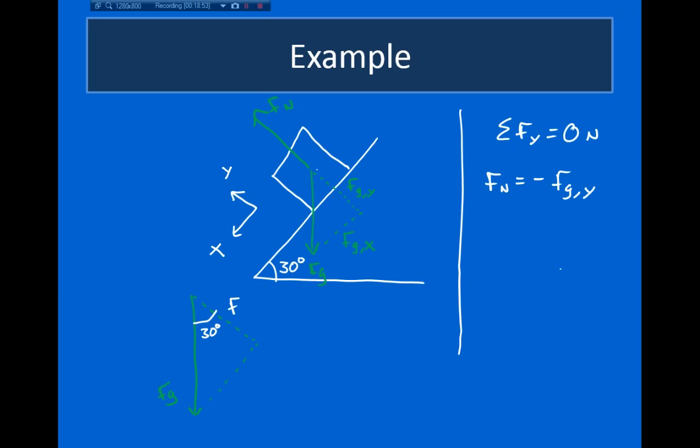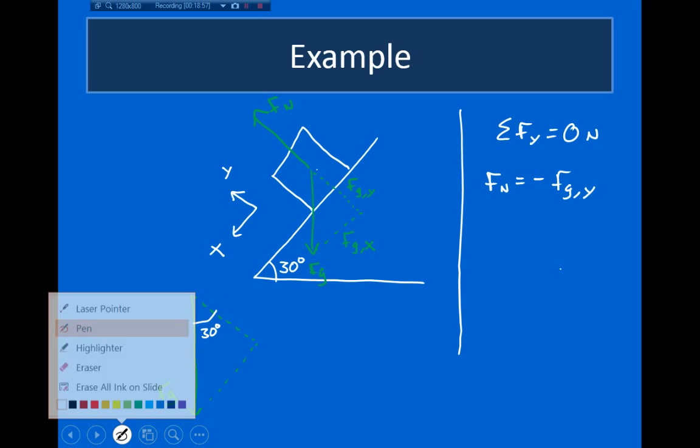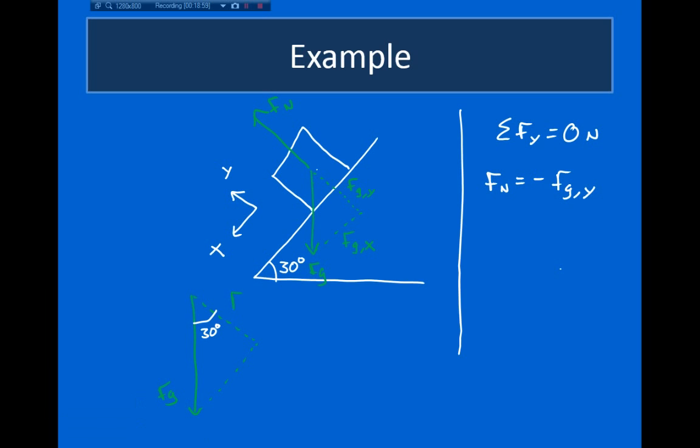And this is my y component, and this is my x component. So the normal force is just equal in magnitude and opposite in direction to the y component of my gravitational force.